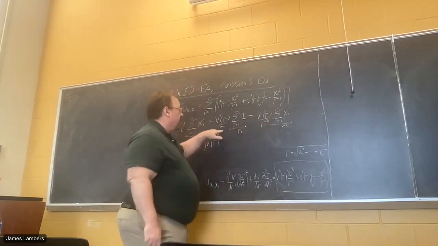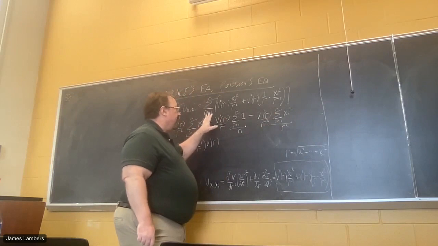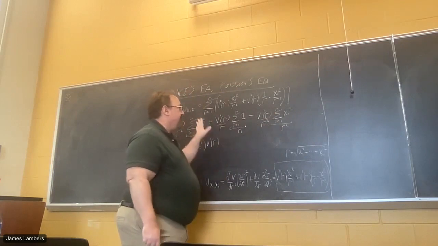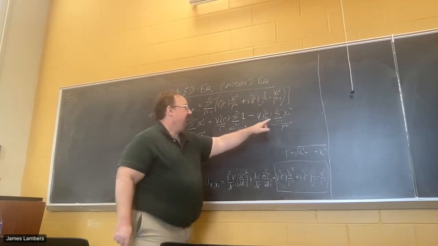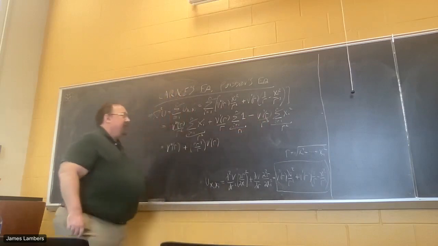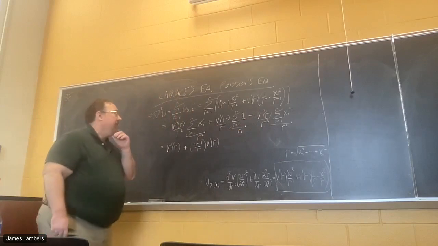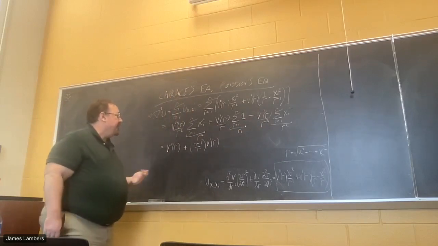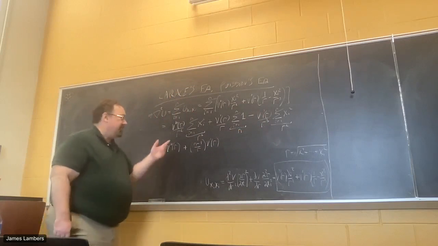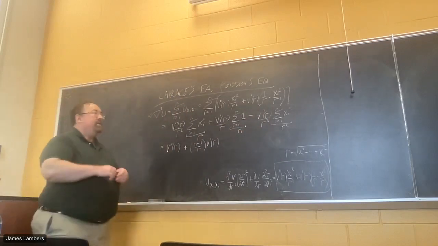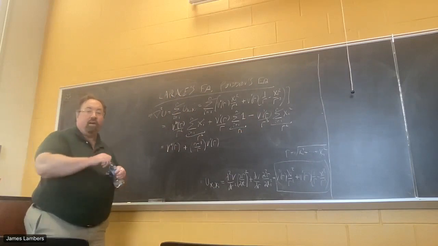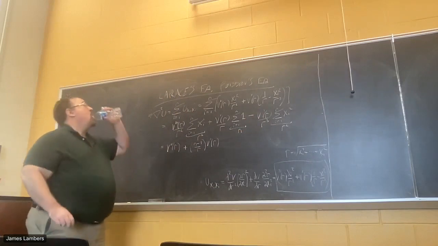I also have 1 over r here. So v prime of r over r is a common factor in all this part times n minus 1. So we see that the ODE now actually depends on the number of spatial dimensions because of the n there. So we're going to get a different solution for each choice of n.